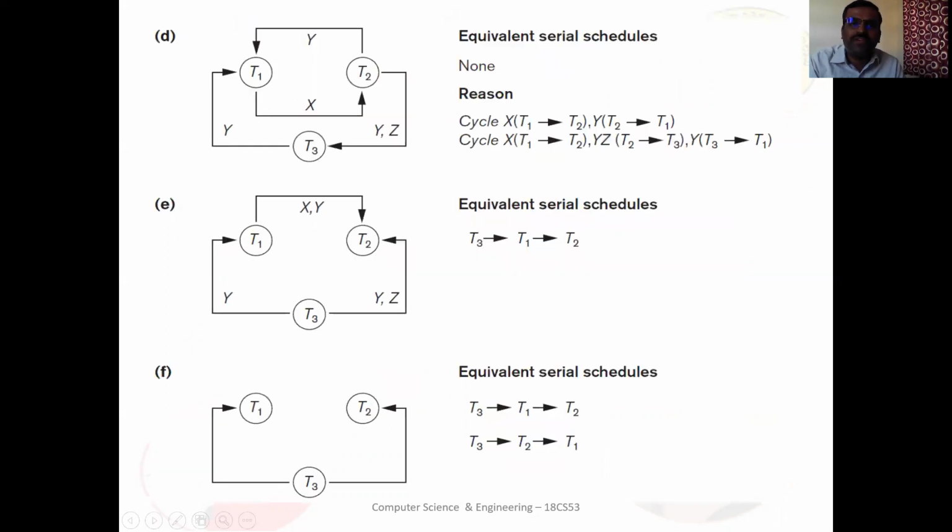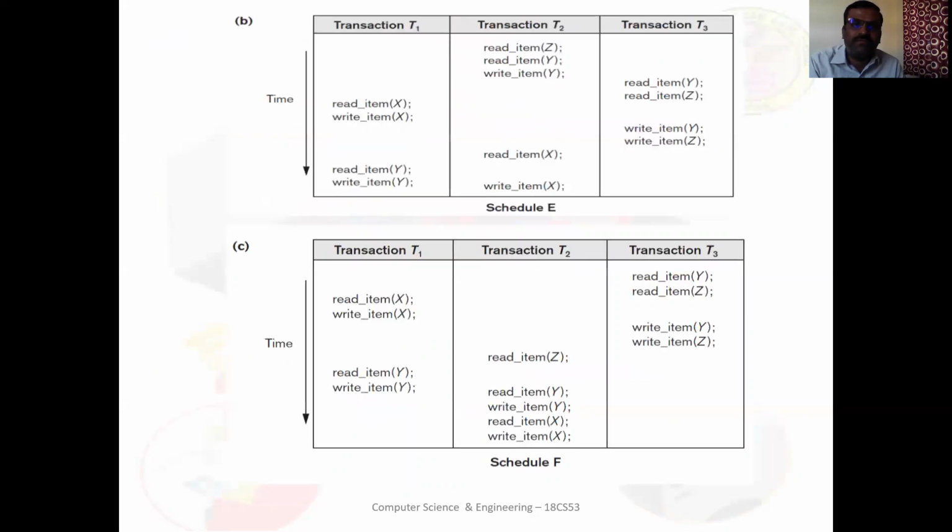Here there is a cycle from X. The item X is read from transaction T1 to T2, right?